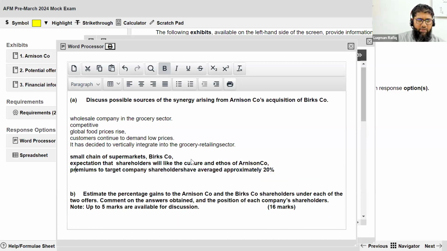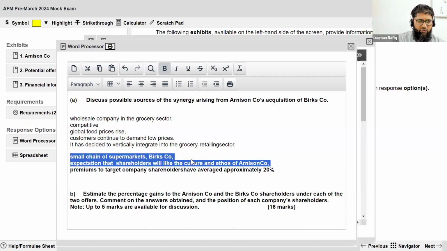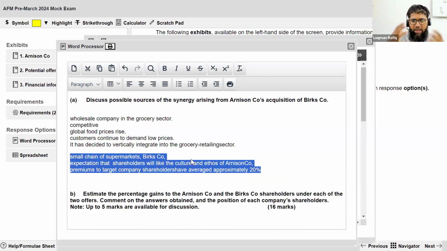Premiums to target company have been approximately 20%. So I'm just compiling some key information so that it becomes easy, right? Okay. Now what next is there?